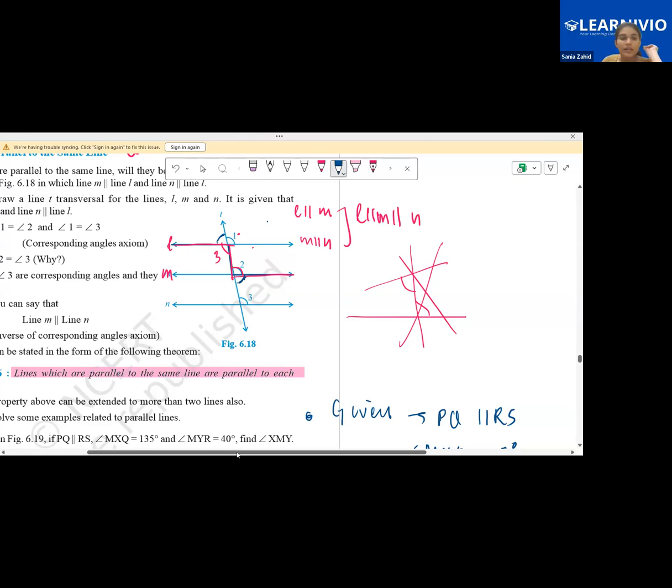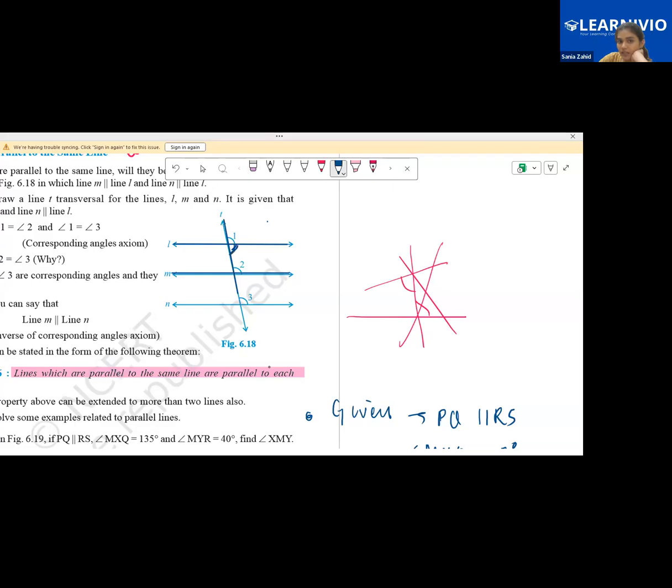They are also equal. Now the next thing that you can have is co-interior angles. Now what are co-interior angles? See, if you have this and this as parallel lines, they both are parallel. Now, if you look at one side of the transversal, like this was the transversal, let's just look at this part of it.